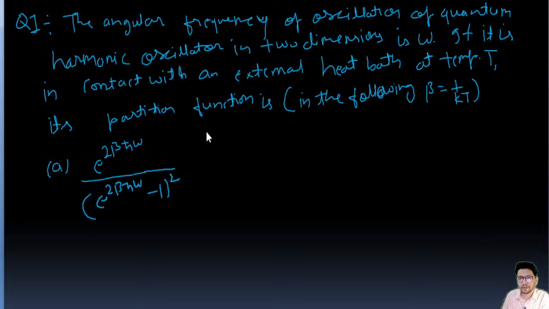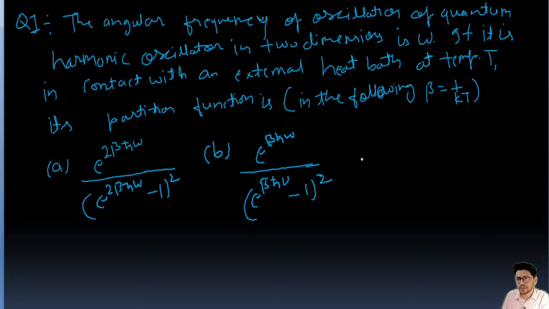Option B is e to the power beta h cut omega upon e to the power beta h cut omega minus 1 whole square.